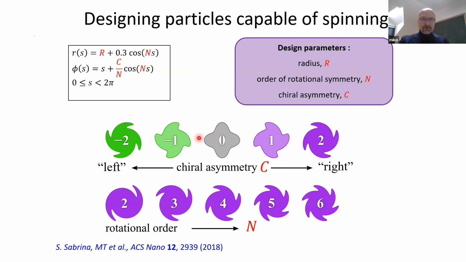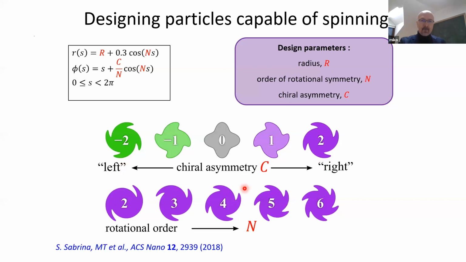So we designed, in collaboration with our experimental colleagues, these so-called twisted star-shaped particles, whose shape is characterized by two parameters. We call the first one chiral asymmetry, C. When you change this parameter C, you can interpolate between, let's say, left chiral particles and right chiral particles.